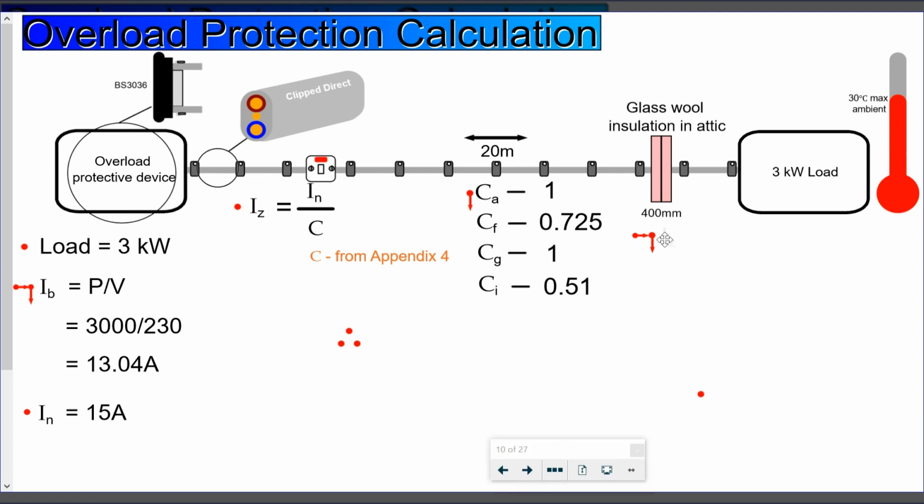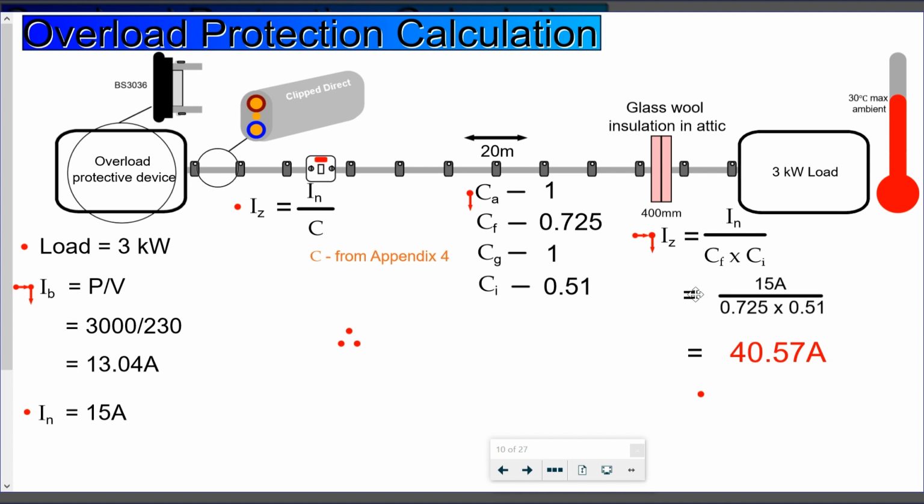So our next step, as I said, is to calculate that minimum current carrying capacity of the cable, Iz. So we take the nominal value of the fuse and we divide it by the two applicable correction factors, Cf times Ci. So that gives us 15 amperes divided by 0.725 times 0.51. So that gives us a current value of 40.57 amperes.